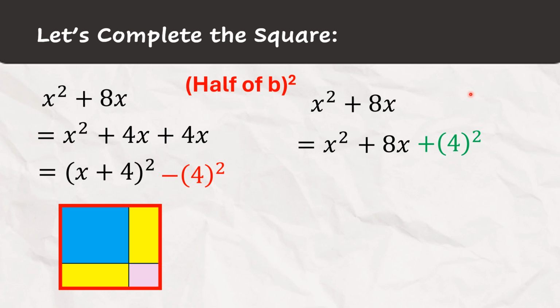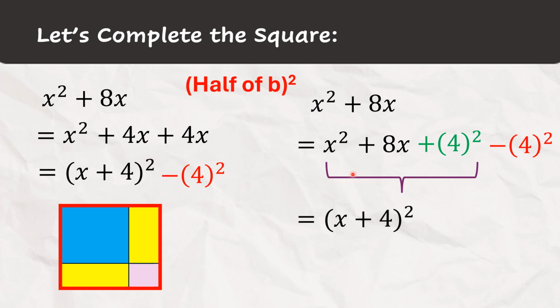So to make these two expressions equivalent, I need to subtract away the 4 squared. What you realize is that these first three terms, if I combine them together, will give me a perfect square based on a squared plus 2ab plus b squared.